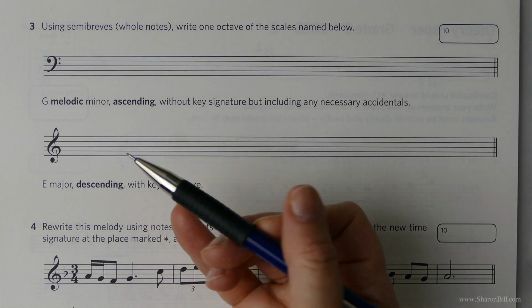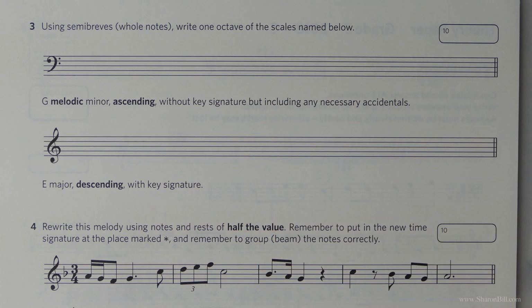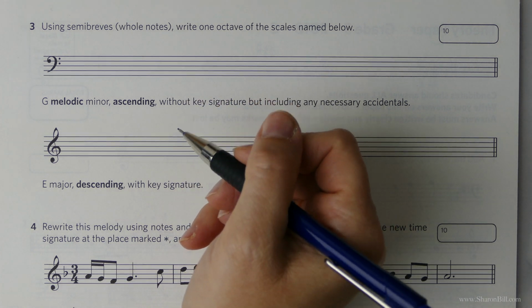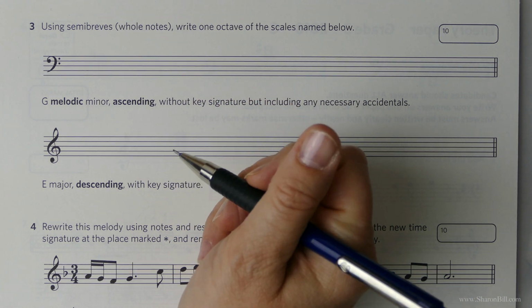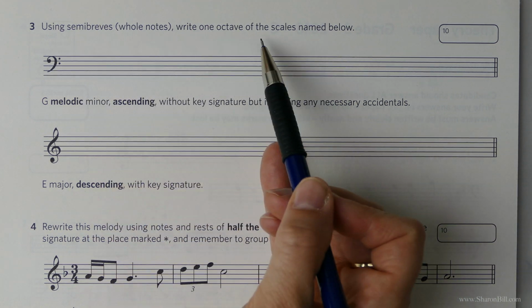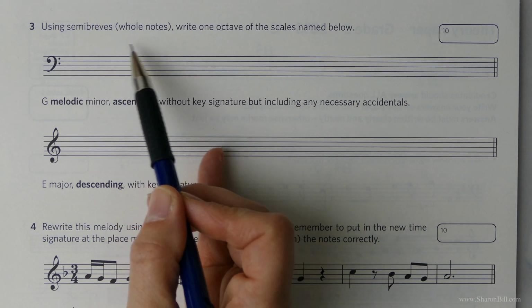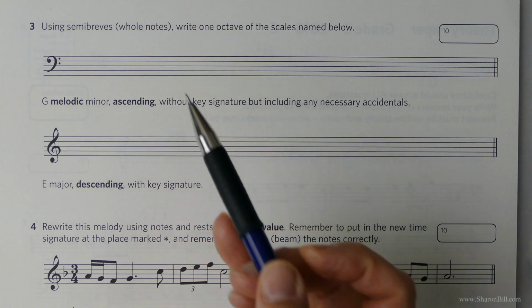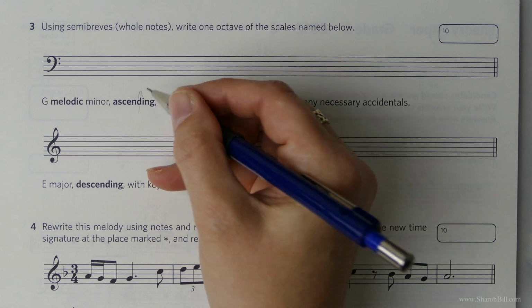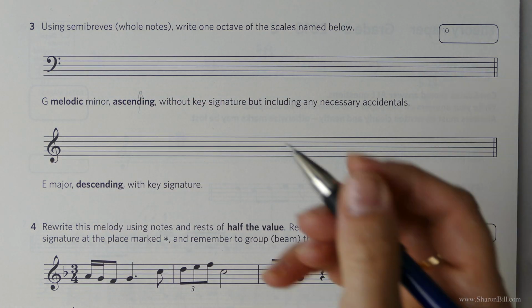Now I do suggest that you always use pencil, and you will need an eraser to hand, because if we work through the steps one step at a time, you will need to do a bit of rubbing out, but it's best to do that than try and hold too much information in your head. So the first job is to just get the blobs in the right place. We're using semibreves or whole notes, so no need to worry about stems. We're starting on G and we are ascending, going upwards in the bass clef for 1 octave.